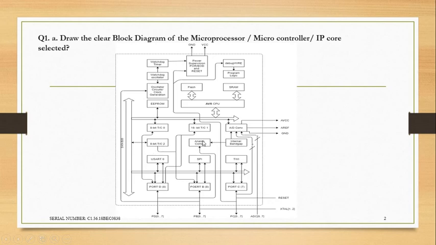Analog comparator, internal band gap which is used in the analog comparator, USART which is a serial communication port, SPI, TWI, and ports. There are three ports: port C, port B, port D, and there is even an XTAL, which means oscillator facility also.